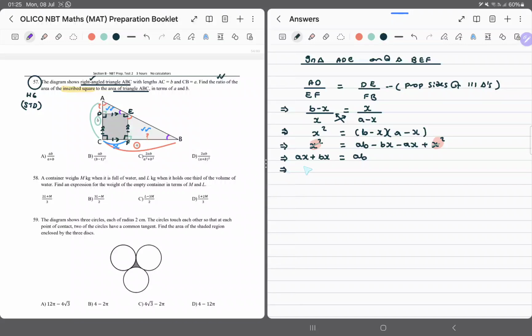And then we can take out the common factor, which is X. Then we've got A plus B equals AB. Therefore, we wanted to solve X in terms of A and B. So this is going to be AB over A plus B.